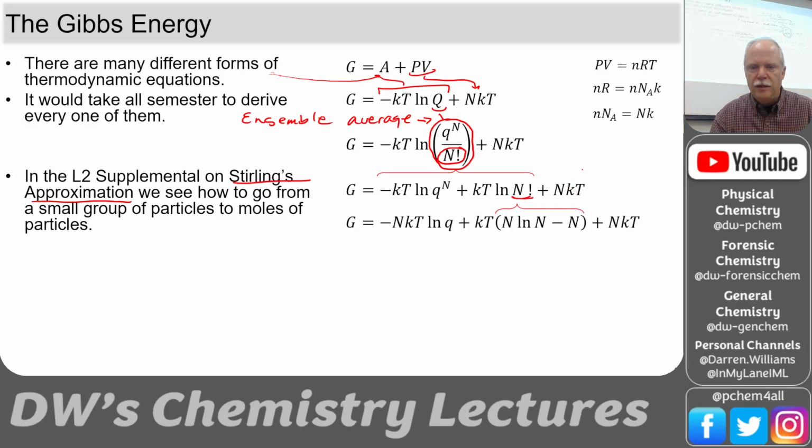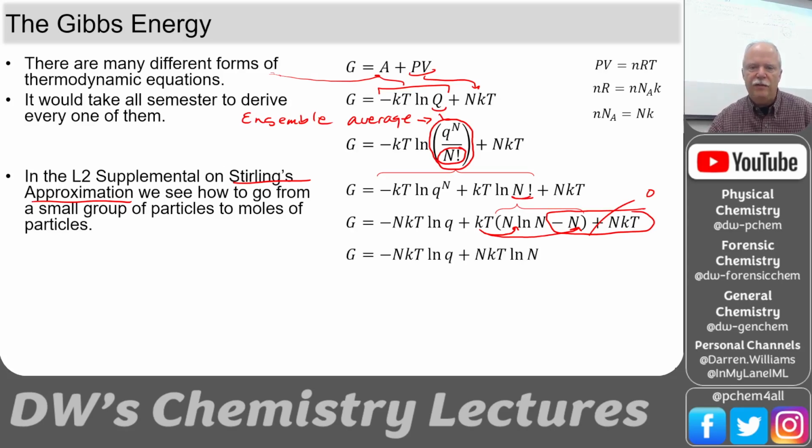Now we can multiply this KT through here, and we have NKT natural log of n, and we can multiply this NKT over here. Now look at this, we're going to have a minus NKT and a plus NKT, so those guys cancel out. So all we have left is that first term, NKT natural log of n.